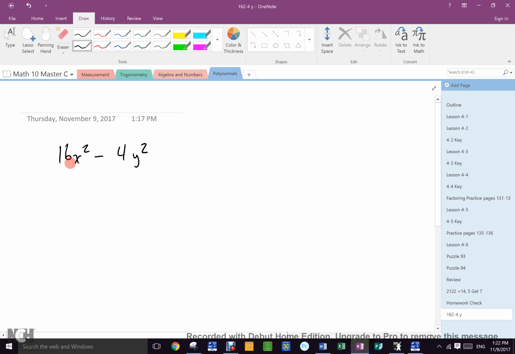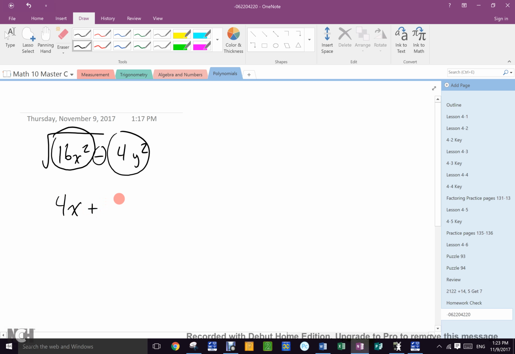You look at this and you say to yourself, is this a perfect square? Yes. Is this subtraction? Yes. Is this a perfect square? Yes. So that means we can do what we just learned yesterday. We take the square root of the first one. What is that? 4x.